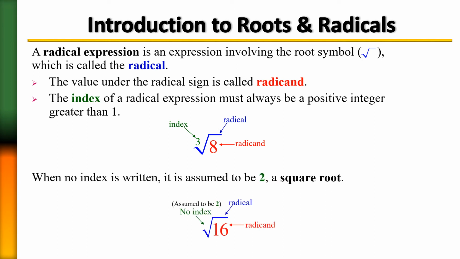Now, when you see a radical with no index on the outside, such as in the second example, it is assumed to be 2. So anytime you see a radical symbol with no number on the outer, that means that you are dealing with a square root.